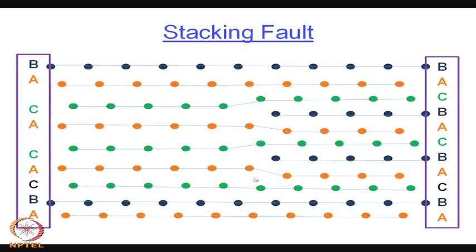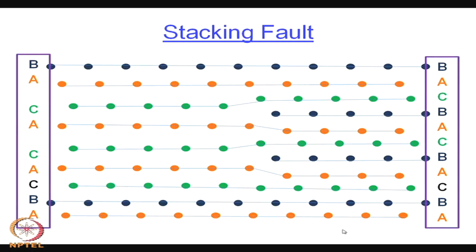The atoms are not placed in the right positions as in the perfect crystal, because of the formation of this edge dislocation, and therefore this part has a stacking fault, while the rest is perfect crystal. Within a perfect crystal the stacking sequence gets changed, and therefore we call it a stacking fault. So, this is the third type of two dimensional defect.